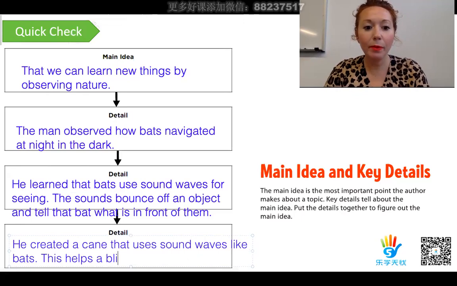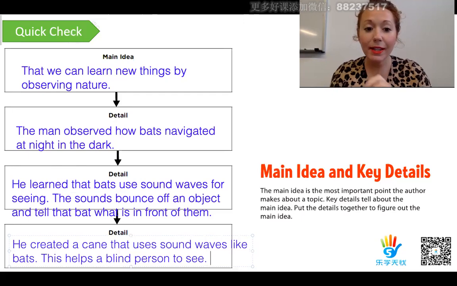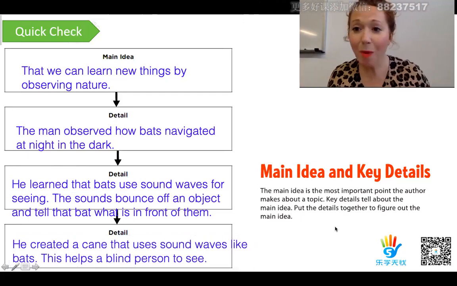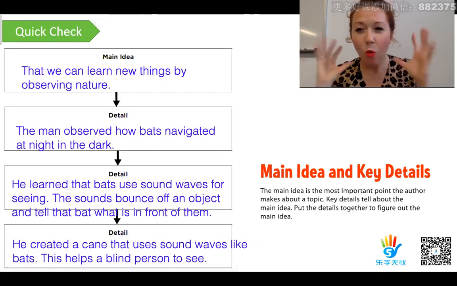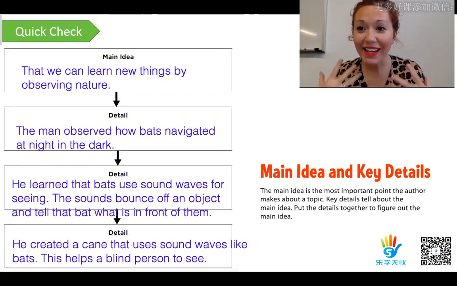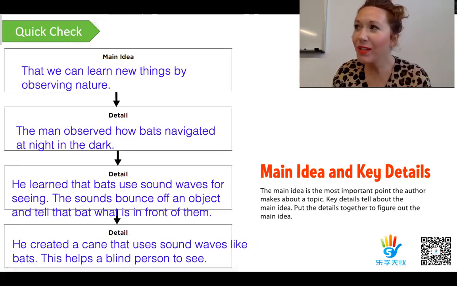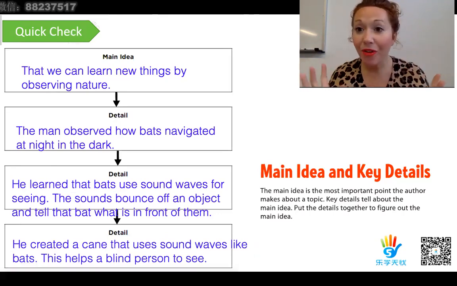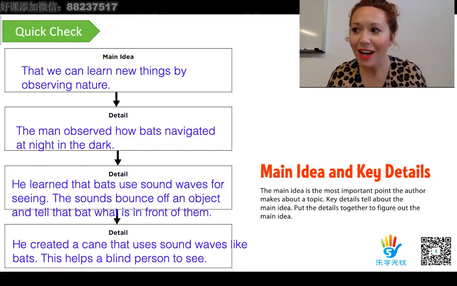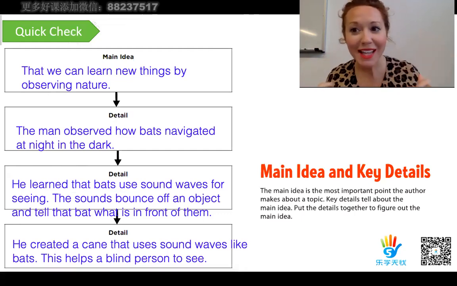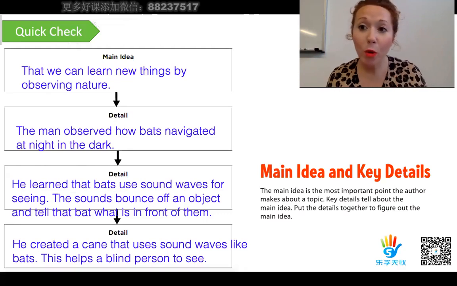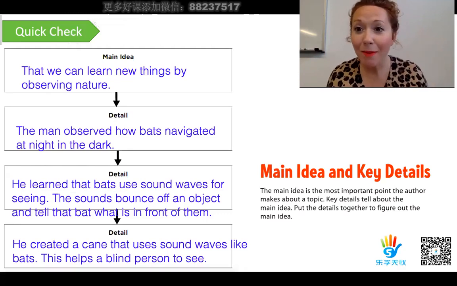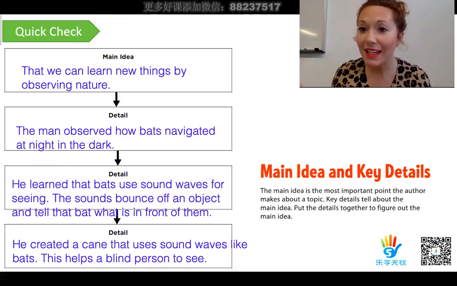This helps a blind person to see. So just by observing one animal, we have learned exactly how we could integrate this into our new life. So this week, or as you get older, maybe you could learn by observing some other things in nature that might give you a cool business idea. Maybe you could help more people. Maybe you could make a lot of money, all by observing things in nature.